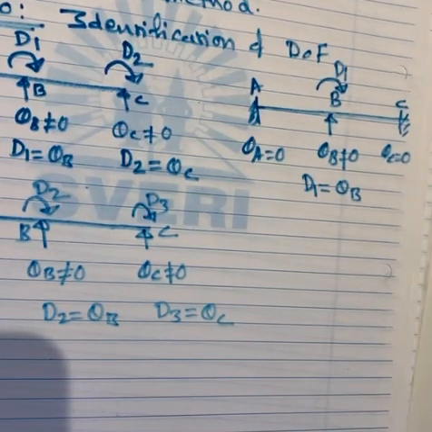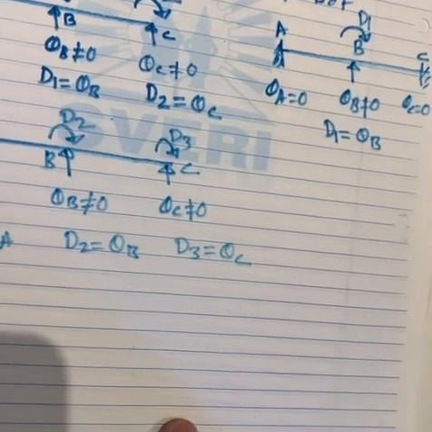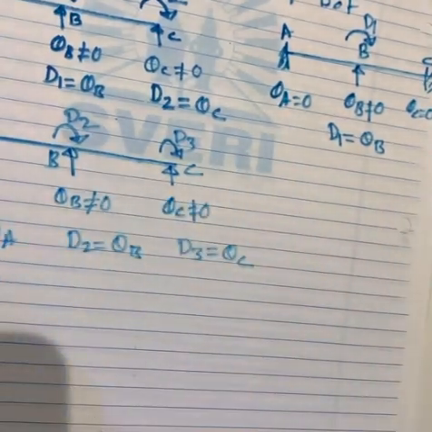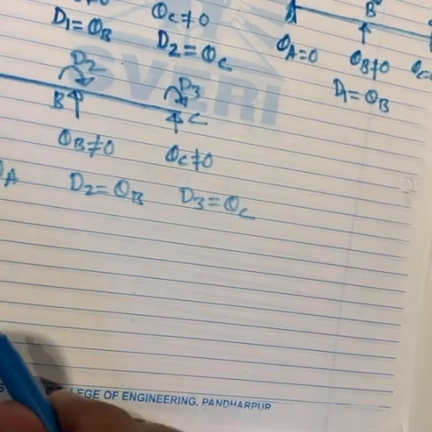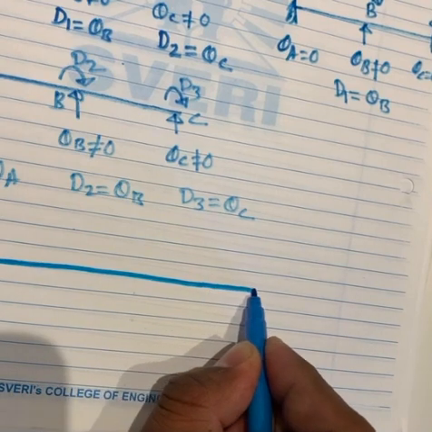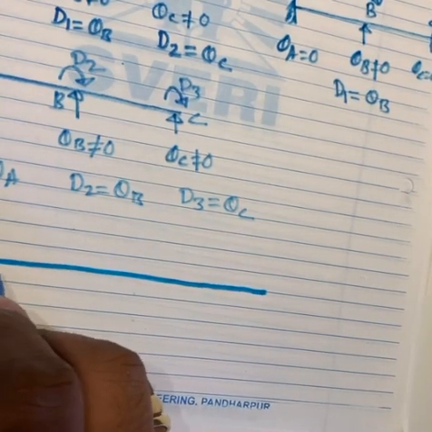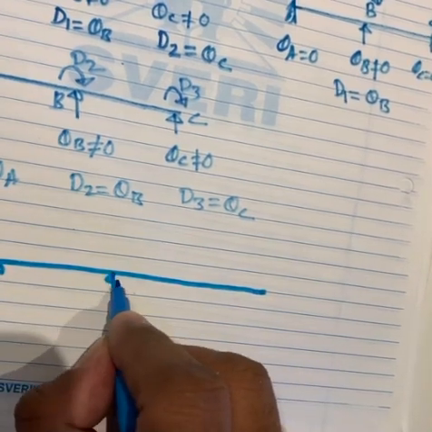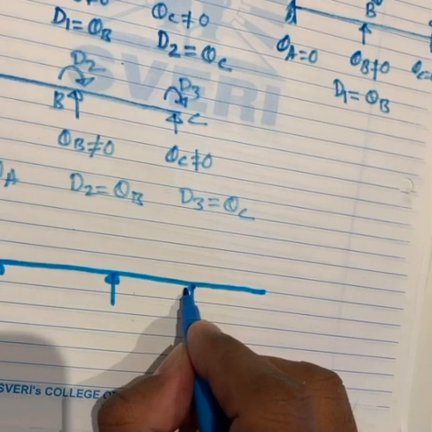So if you see what has happened now, we can understand various examples of how we can label. You can even take 3 degrees of freedom or more than 3.